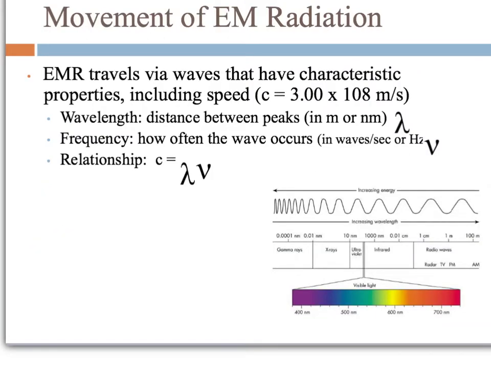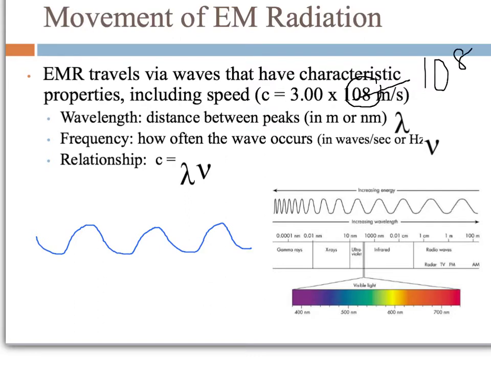The way that electromagnetic radiation or visible light travels through the world is in a kind of wave-like pattern, sort of like a water wave or a sound wave, if you're familiar with those ideas. The thing that's interesting about light is that it travels at a very consistent speed, and this program, once again, has dropped off my exponent, so this should be 10 to the 8.